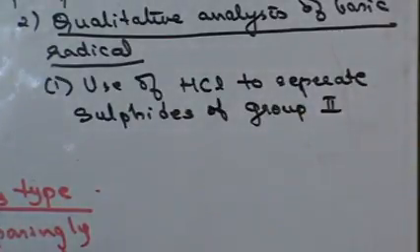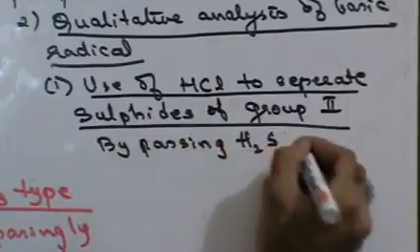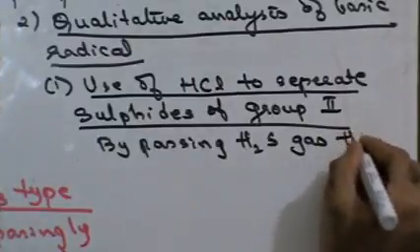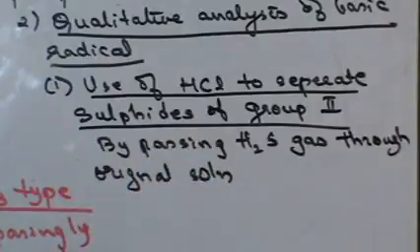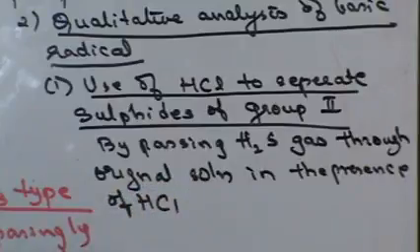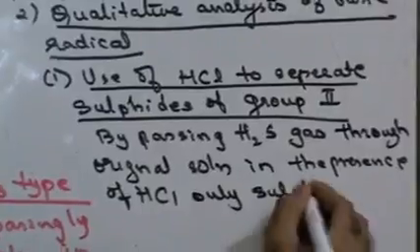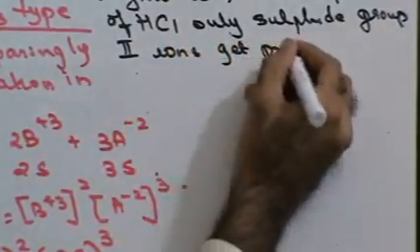For example, by passing hydrogen sulfide gas through the original solution in the presence of HCl, only the sulfide group 2 cations get precipitated.